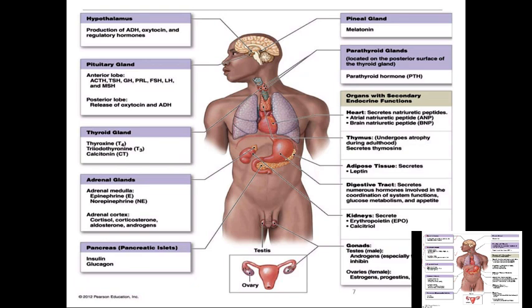One releases a message that goes to the other gland, and that releases a message that goes to the other gland, and then that releases a message that goes to the target cell.